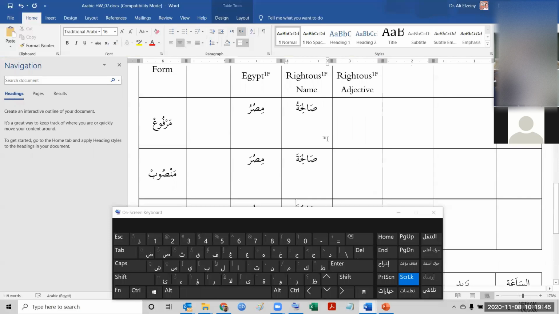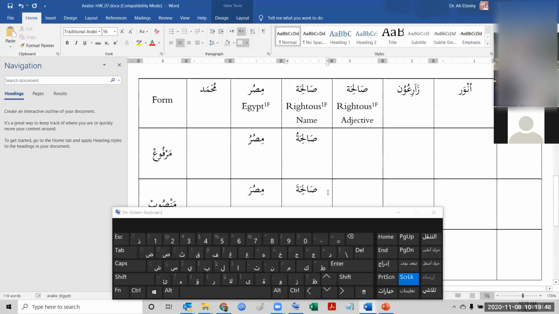So if it's a name, it's dhamma, fatha, fatha, because sarf is forbidden.